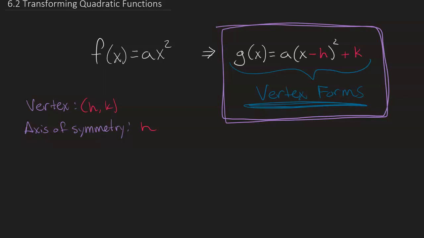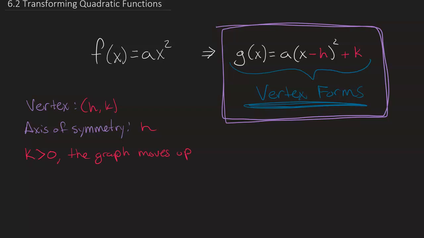So if say my k value is a positive number, then that means it's going to translate my parabola up however many k units. So let's say if k is greater than 0, the graph moves up.